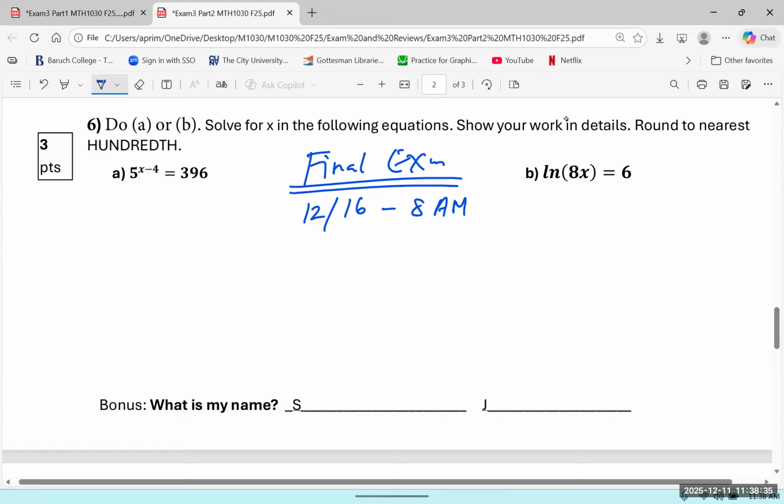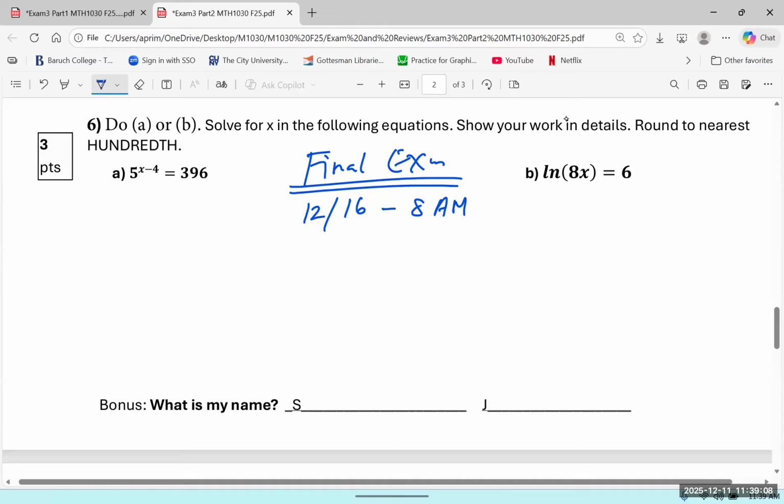So you guys should come 30 minutes before that, so you have 15-20 minutes together to talk about math before the exam. If I come around 7:30, we'll have more time to study. And maybe I will give you the exam a little bit earlier, so you have more time. So definitely come early, but you cannot be late.